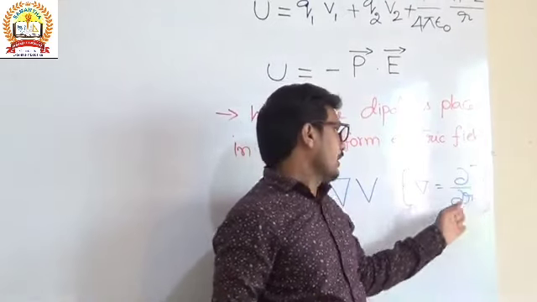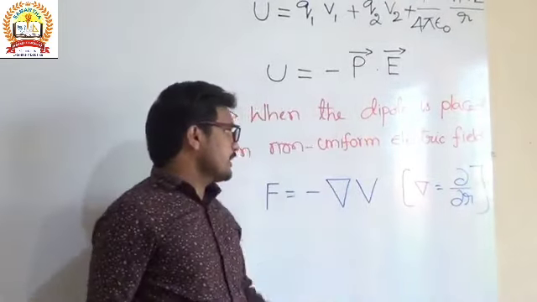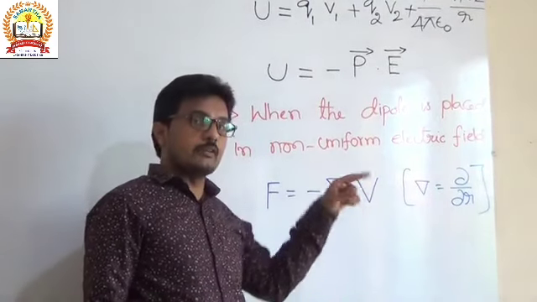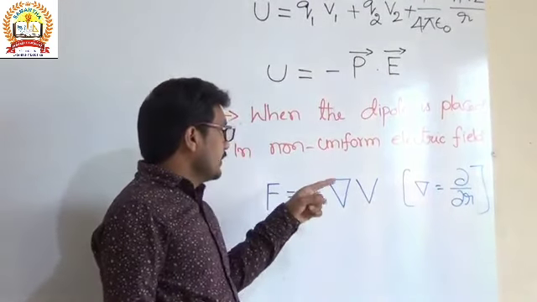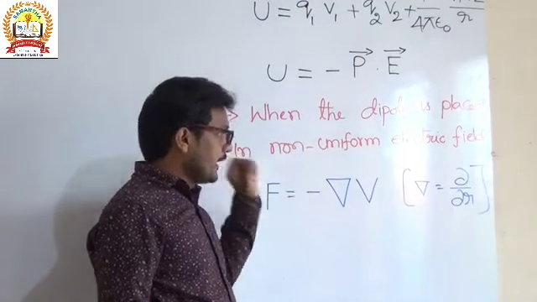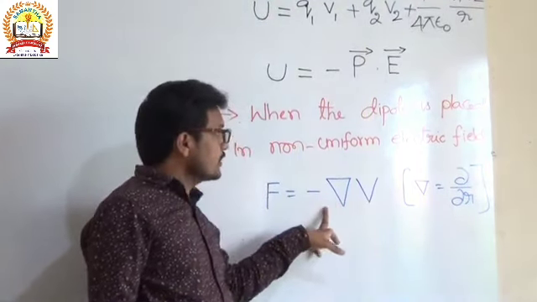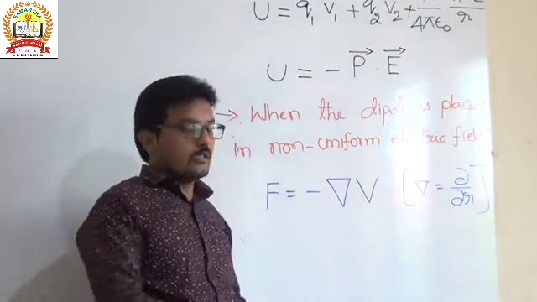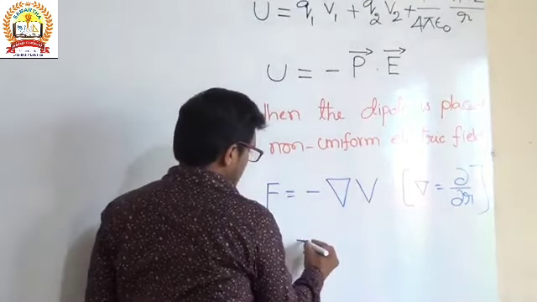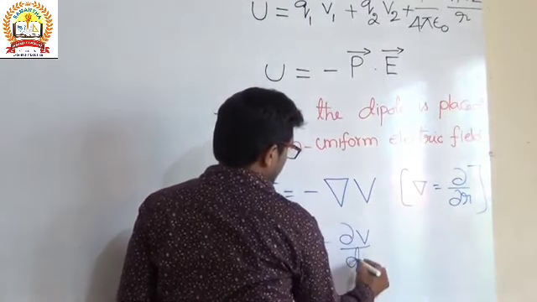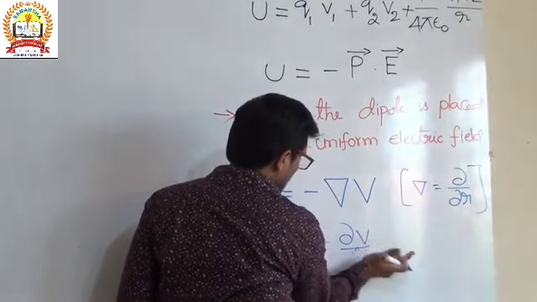That is the operator, and it represents the gradient. We know that potential gradient is dV by dr, so minus del V means minus dou V by dou r.